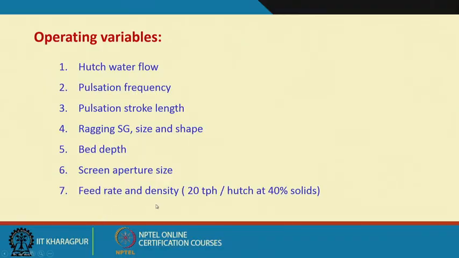I said that if it is 1 meter, if it is 0.5 meter, what will happen? So, you have a lesser margin of error. Screen aperture size, feed rate and density, these are all discussed at greater depth.